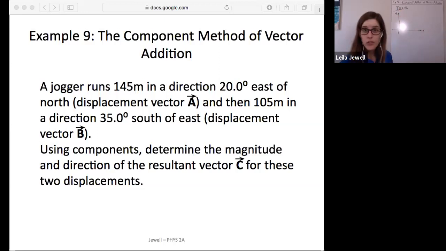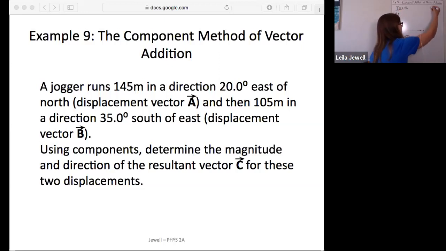All right, now my first vector says displacement vector A. It's 145 meters, so that tells us the length. Okay, what about this direction though? 20 degrees east of north. East of north. Okay, so since it's east of north, we have to start with north, which is straight up, right?